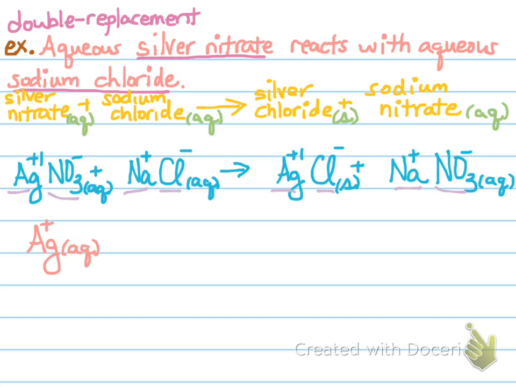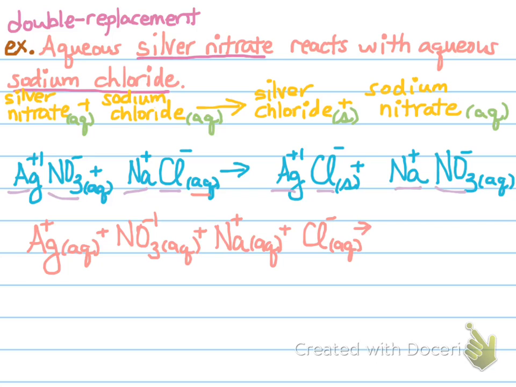Ag plus aqueous. Now we also need nitrate, so that's NO3, charge of -1, aqueous. Sodium chloride is going to break up because its state of matter is aqueous, so plus Na plus aqueous, plus Cl minus aqueous, yields.